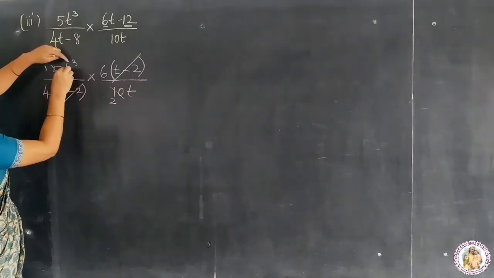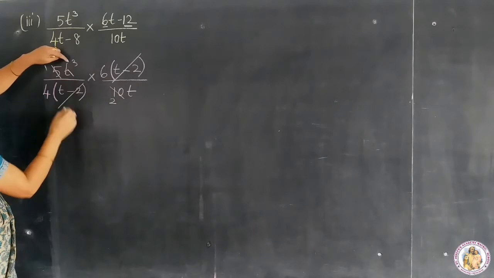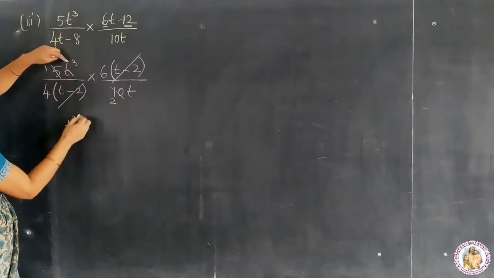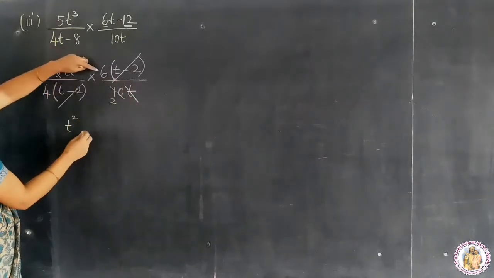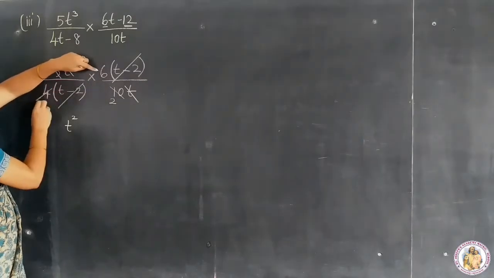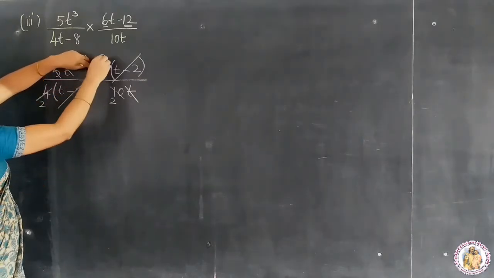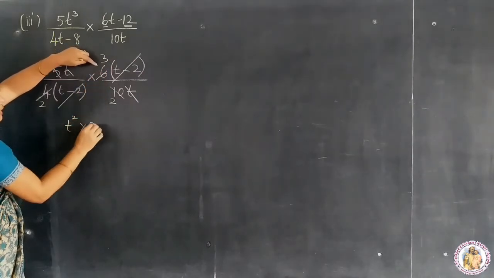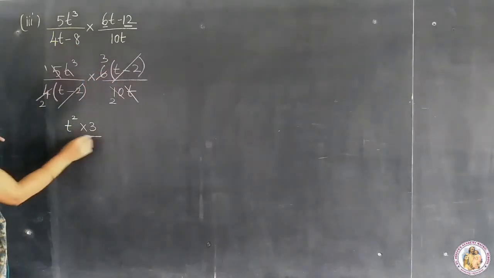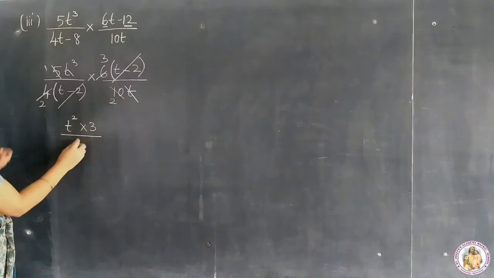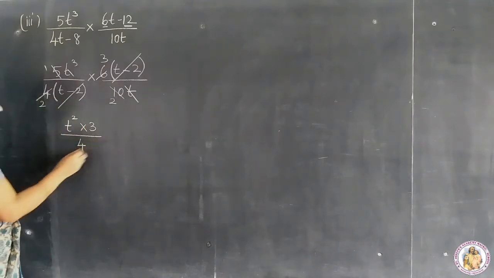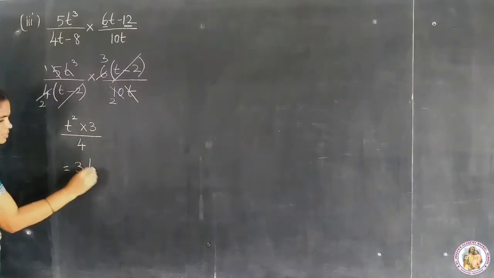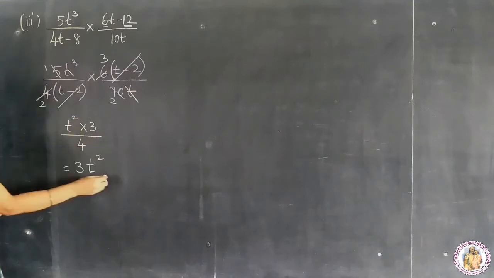So if we cancel t, remaining we have t square. And then 6, 2 twos are 4, 2 threes are 6. So into 3, by 2 into 2 is 4. If you multiply, you get 3t square by 4.